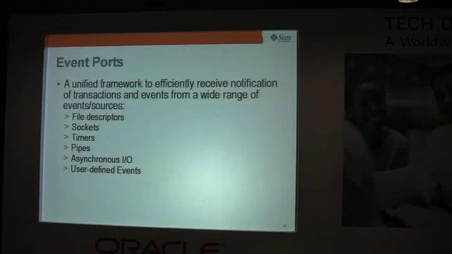One of the cool features that we added when Solaris 10 came out was something called event ports. Event ports unify asynchronous event-based programming. Event sources are file descriptors, sockets, timers, pipes, asynchronous I/O, and user-defined events.